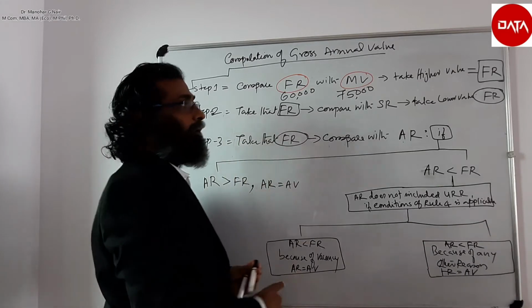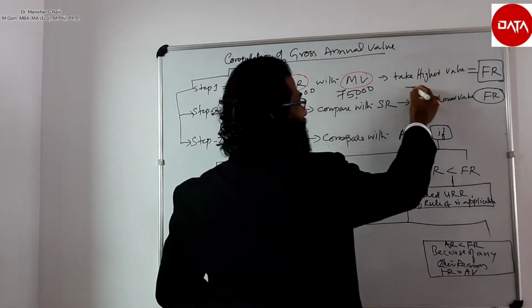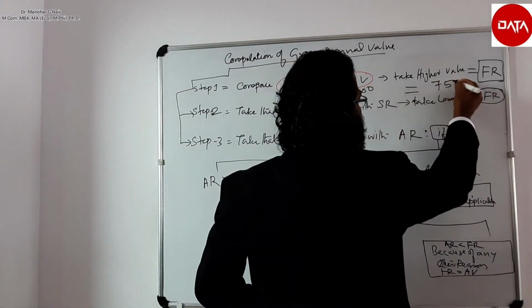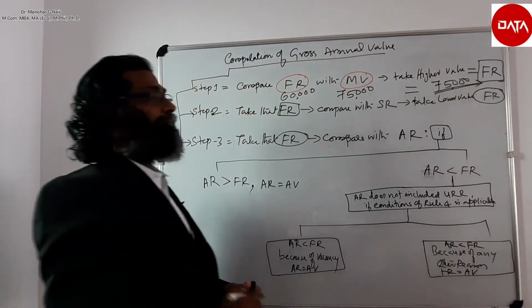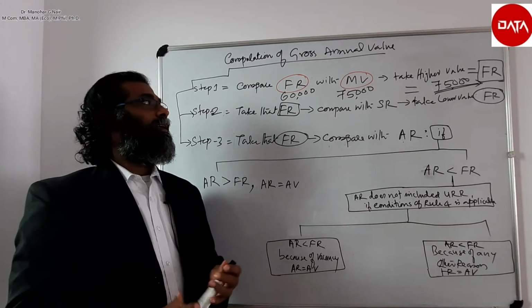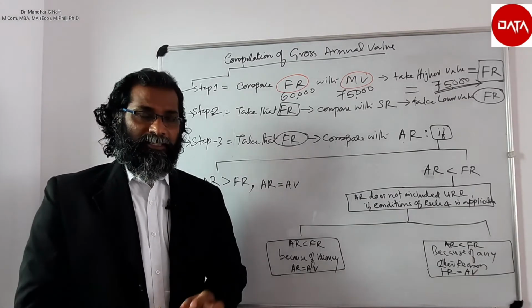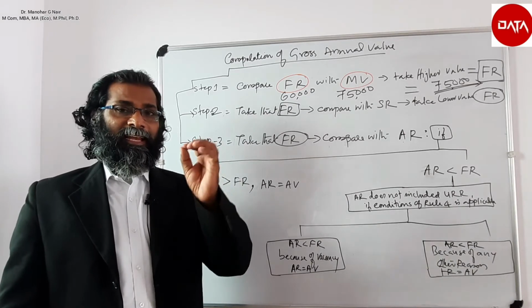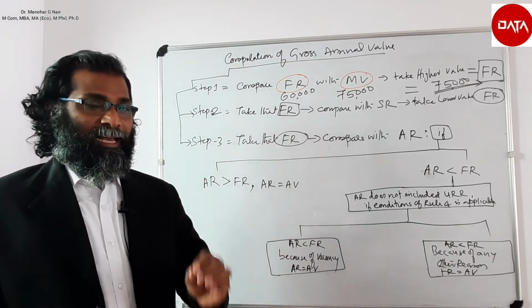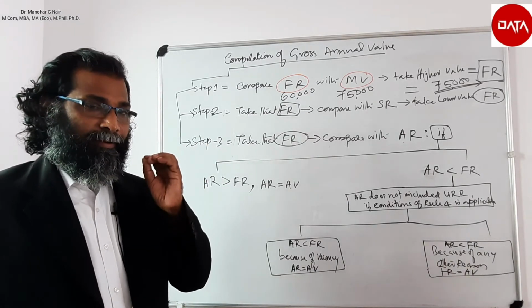Take the higher value. So here the higher value is 75,000 and rename it as fair rent.